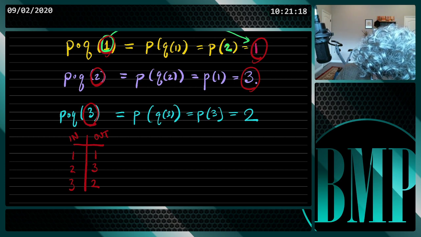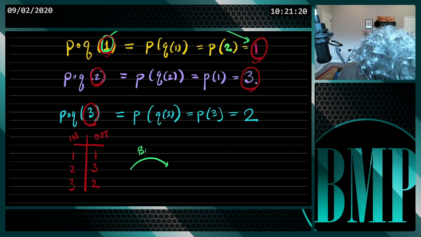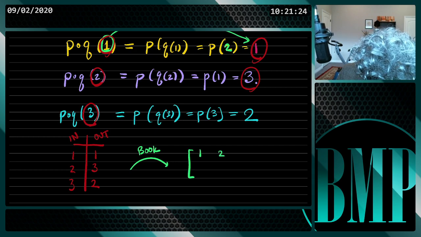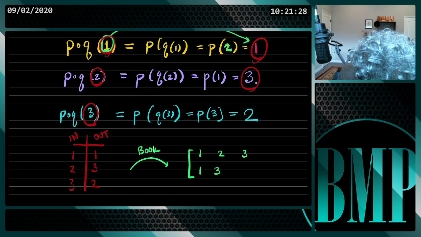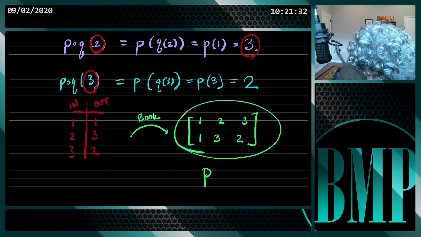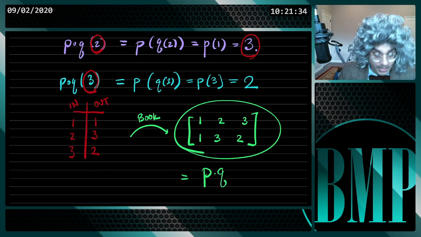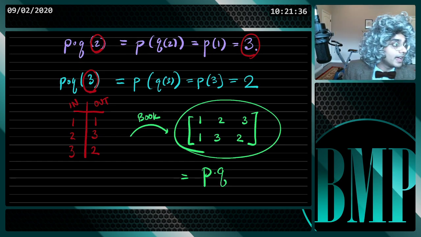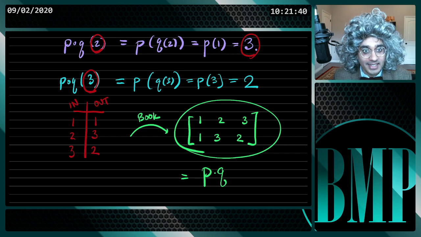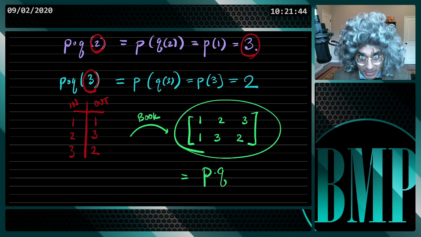Or as the book likes to write it, put it on its side: 1, 2, 3, and 1, 3, 2. This is P times Q in the symmetric group S3. So that's how you multiply in S3 and in S4 and in S10 billion.